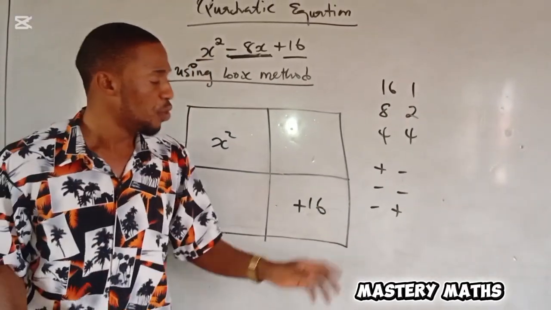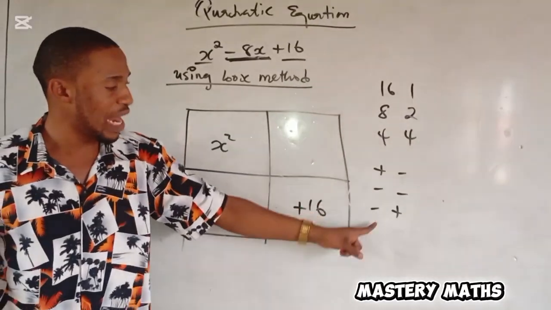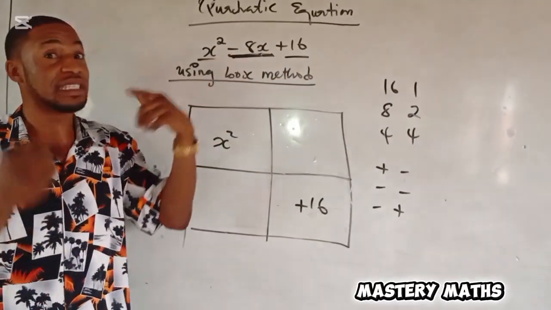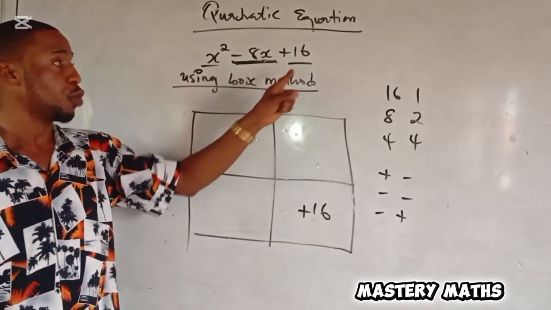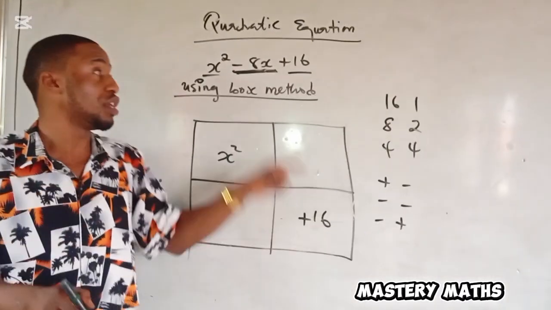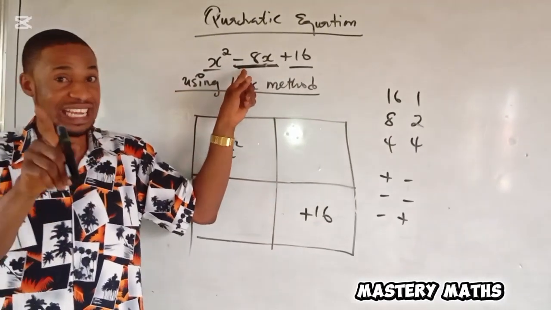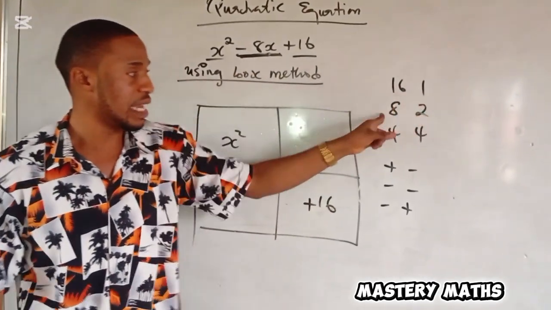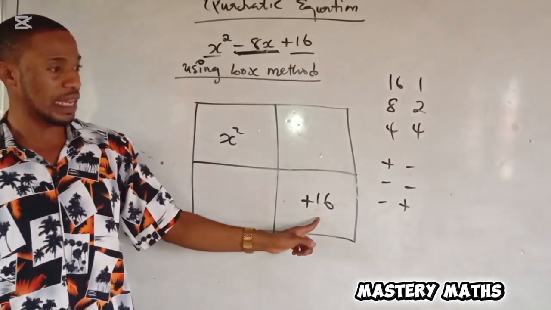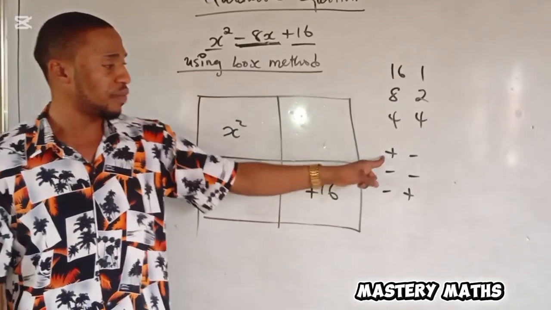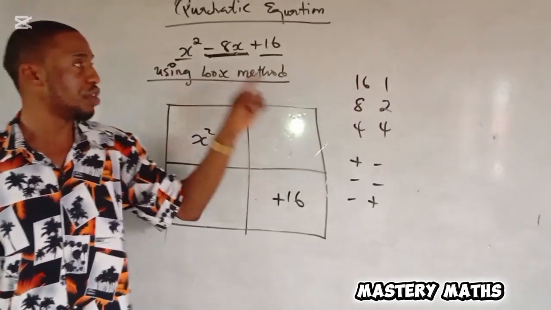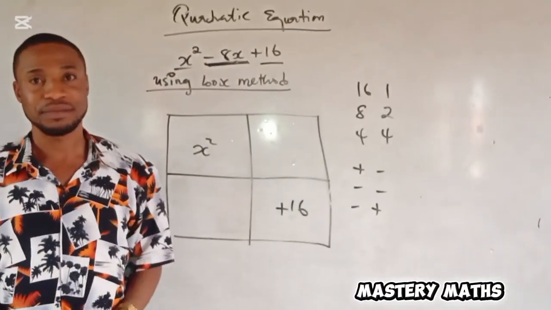You ask yourself, which of these signs will I introduce to any of these numbers to give us the center one? Because our aim of looking for the factors of 16 is to give us minus 8 at the end. The next thing that comes to your mind, which of these signs will I place here, here, and here that will give us minus 8?